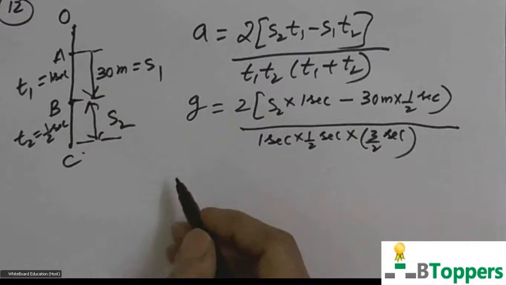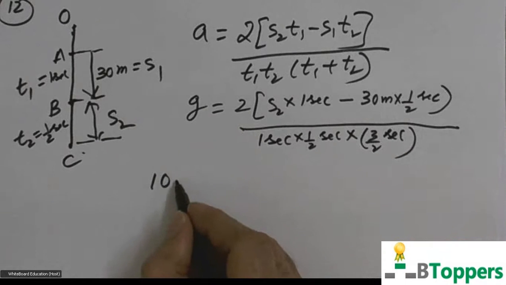So you can substitute g equal to 10 meters per second square on the left hand side. Simplify it further.